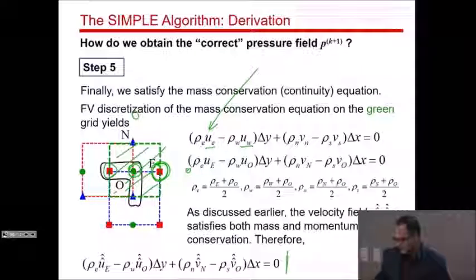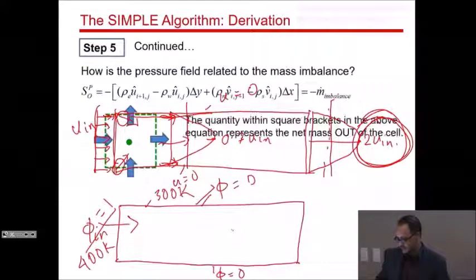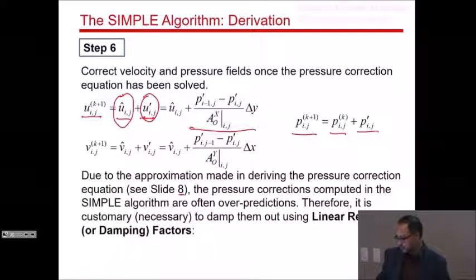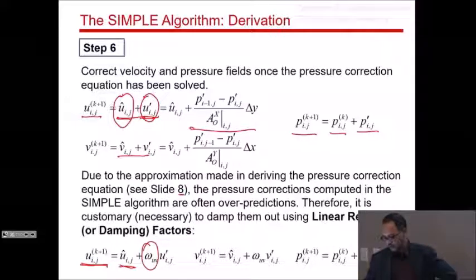One of the things that is almost mandatory and necessary for the SIMPLE algorithm is the use of so-called linear relaxation factors. Instead of using this or that, you apply a damping factor there. So what you're saying is, my new velocity that I'm calculating after I conserve mass is going to be the velocity field that I got by conserving momentum plus only a fraction of the correction that I predict.